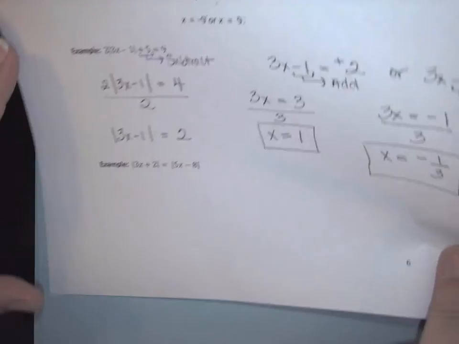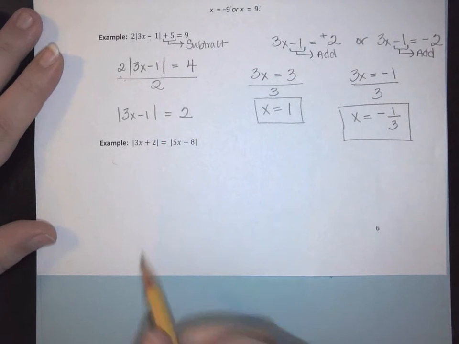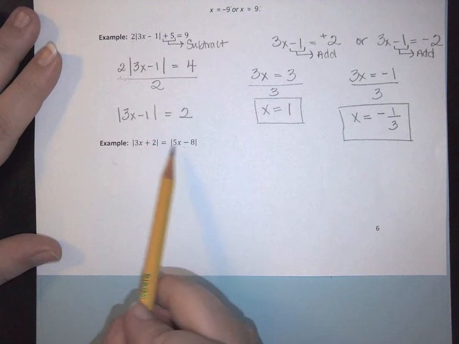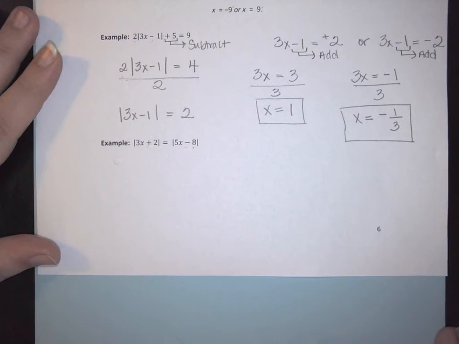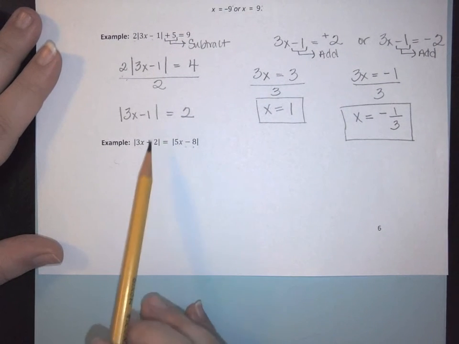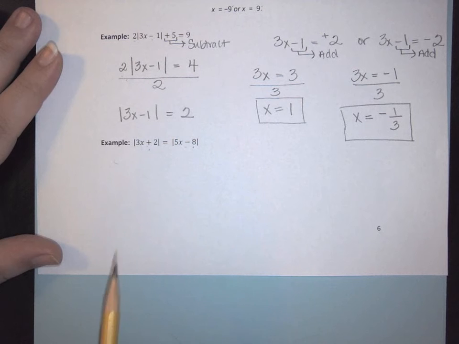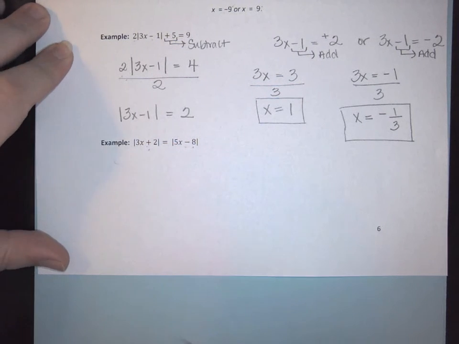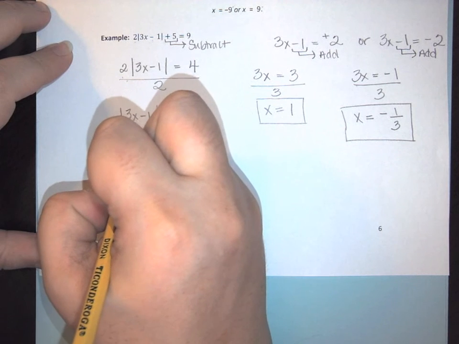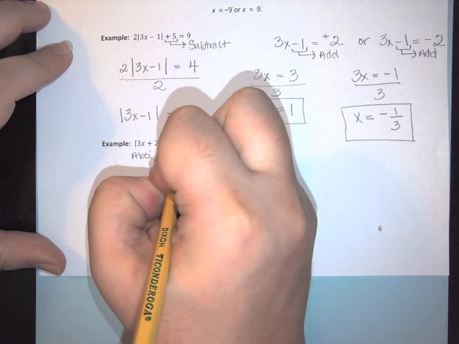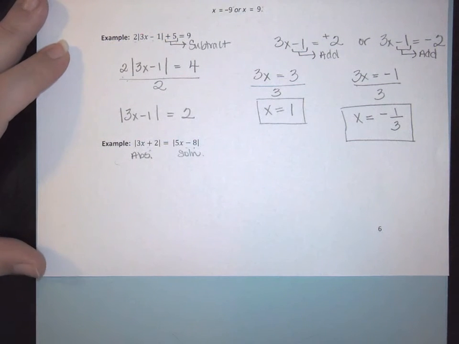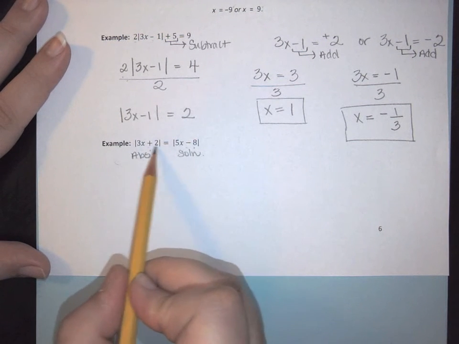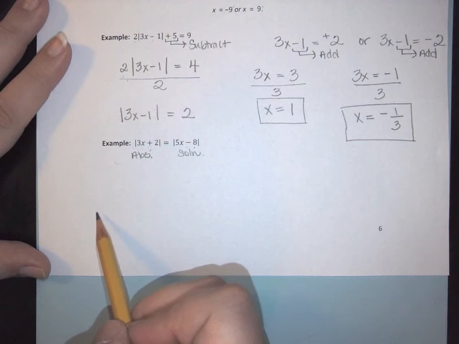Now the last thing is what happens if I've been given 2 absolute values on either side of the equation. The way this works is you choose one of them to be the absolute value and the other to be the solution. So here maybe we'll call this first one your absolute value and the second one over here the solution. First, I have nothing on the outside, so I'm good to go.